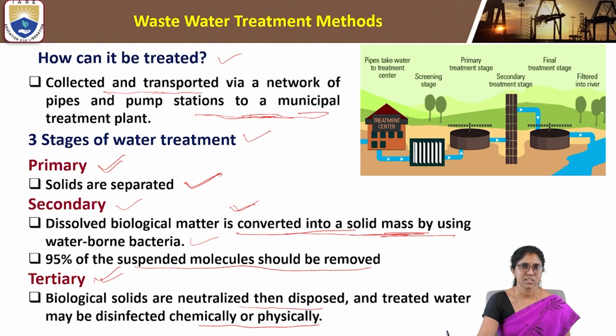In tertiary treatment, biological solids are neutralized and disposed, and the treated water may be disinfected chemically or physically. So these are the three stages of water treatment.